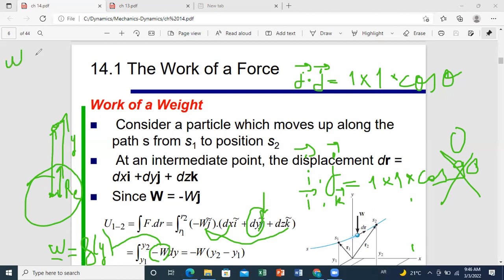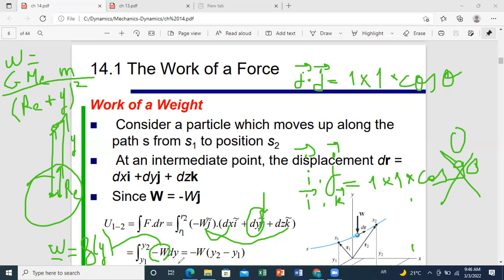We said that the weight is the gravitational constant times the mass of the earth times the mass of the particle over the radius of the earth plus y squared. So in case you have large variations in y, you can express w as a function of y and integrate this function.